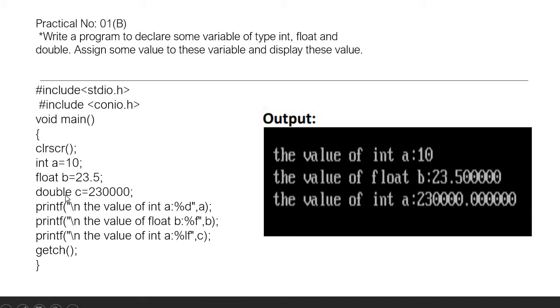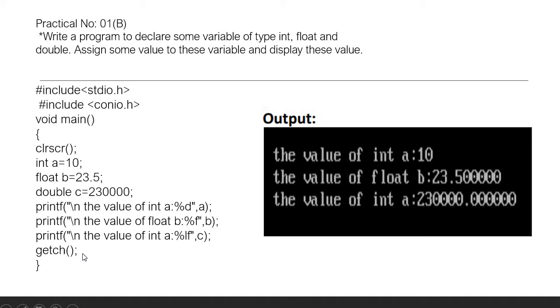If you are using double, then the prototype is supposed to be %lf, that is long float. Okay. If you are using a character, then your prototype will become %c. And if you are using a string, that is if you want to print the entire string, your prototype becomes %s.